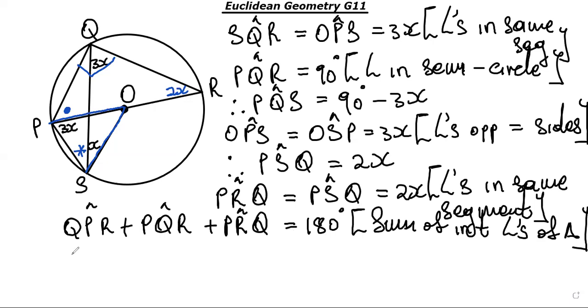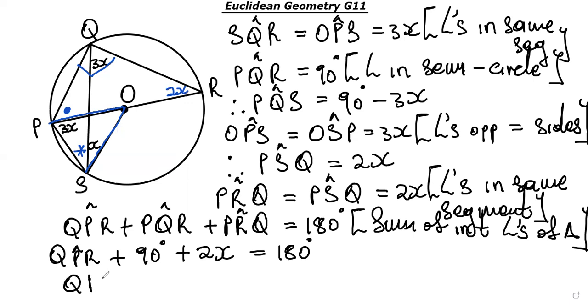So we are looking for QPR, but we know that PQR is 90 degrees. And we also know that PRQ is 2x. Then we take everything to the right-hand side.